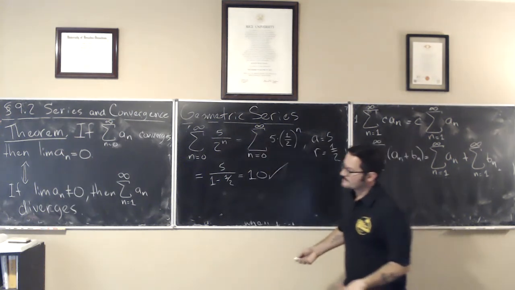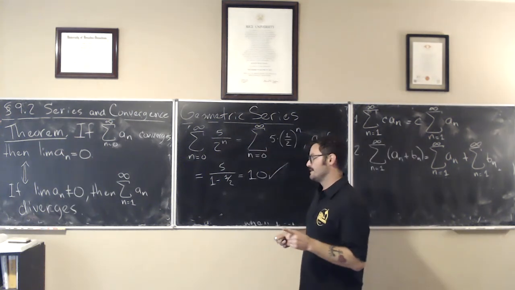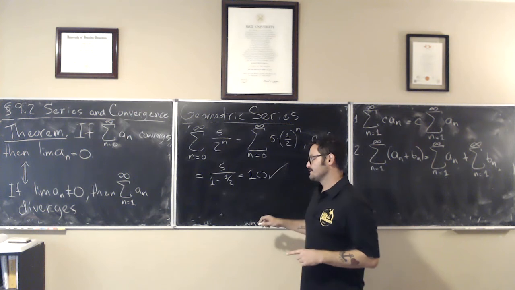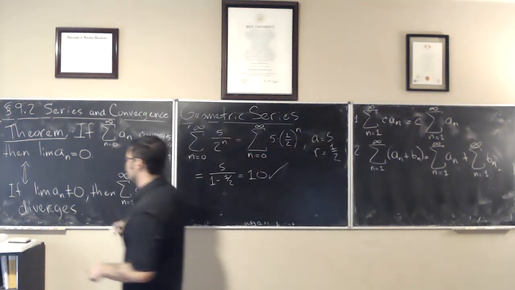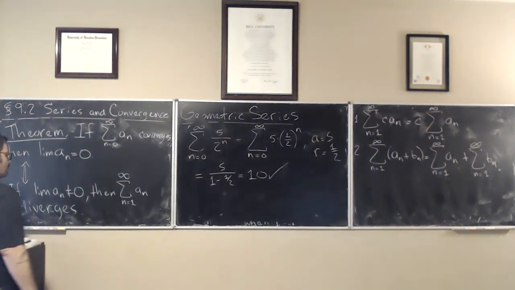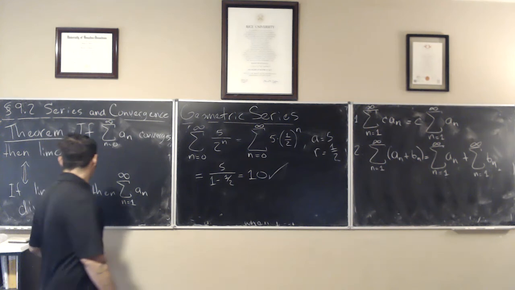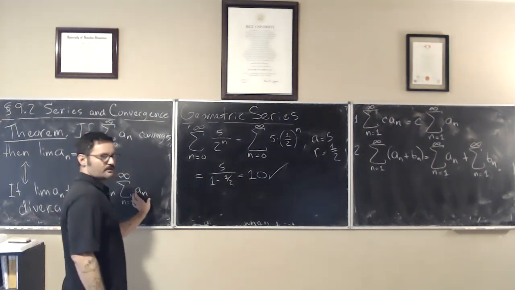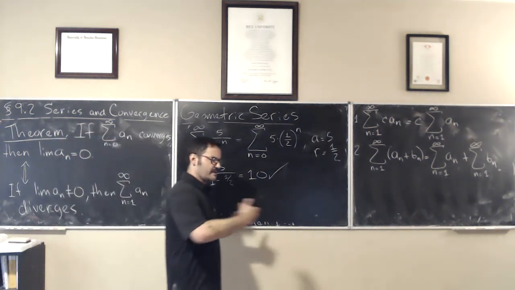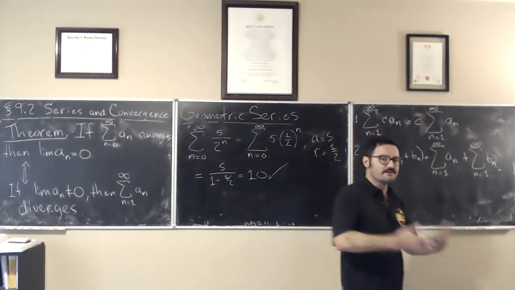That should make sense. If you have a series and those terms are not getting smaller as n gets bigger, then how else would the series ever be going anywhere?